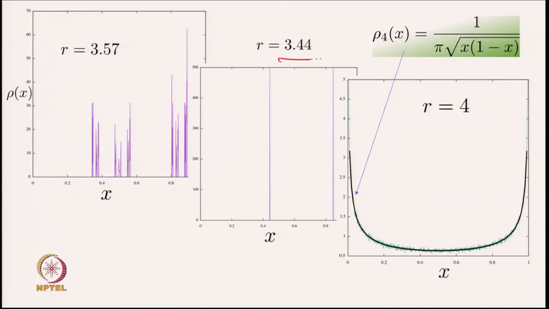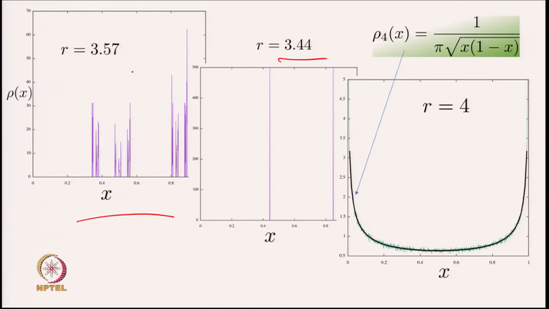So, at r is equal to 3.4, as we had discussed, we have these two delta functions. At r is equal to 3.57, you can see that this invariant density is quite a bit more complicated, although there is an interesting structure over here which we may come back to in a subsequent lecture.